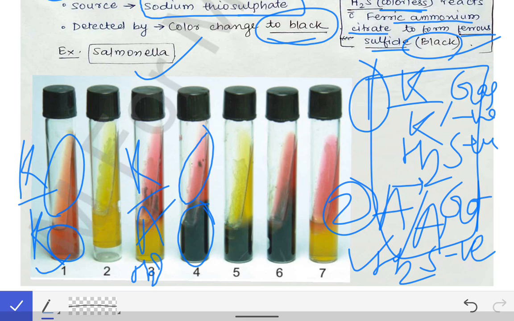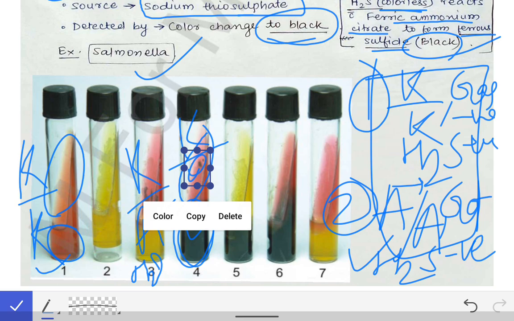So if the black color change has occurred, that means there must have been an acidic reaction. So this will be called K by A, because the slant is pink, so it is alkaline, and the butt is black, that means there must have been some acidic pH. So the reaction in the test tube 4 is K by A, gas negative, and H2S positive, because the black color change has occurred and H2S has been produced.